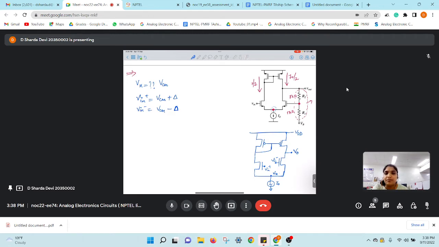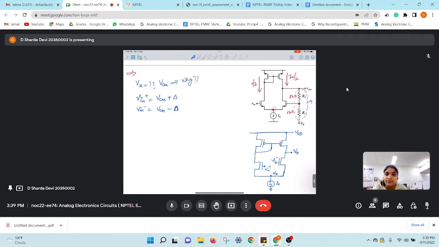Because in our input there will be an average part plus a differential part. My question is why Vx should be Vcm. You got it right, it will be Vcm, but what is the reason Vx is Vcm?